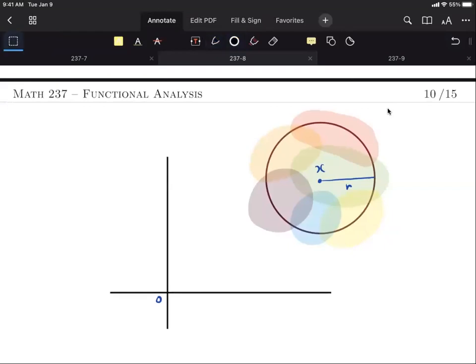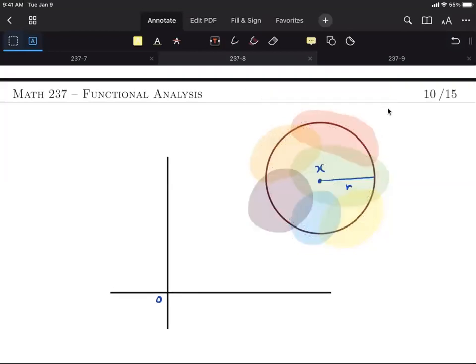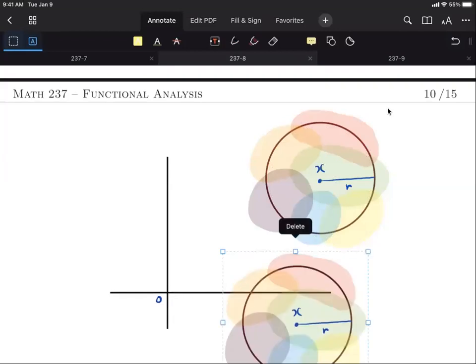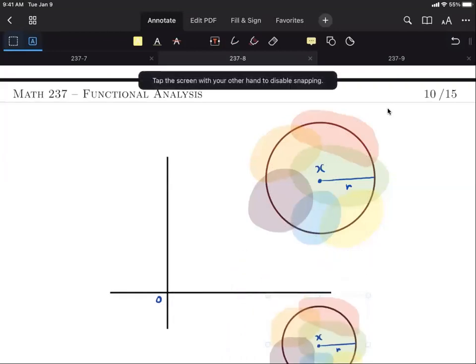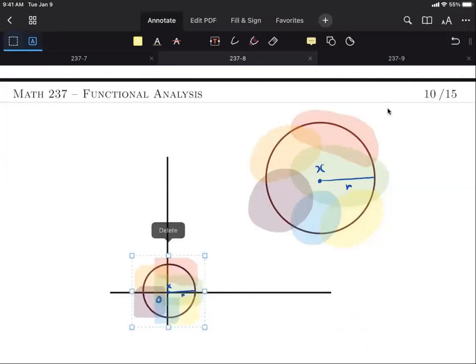What you do is, you do scaling and translation. So let us copy this one. And then we do scaling. We shrink the radius or expand in such a way that your radius will become 1.